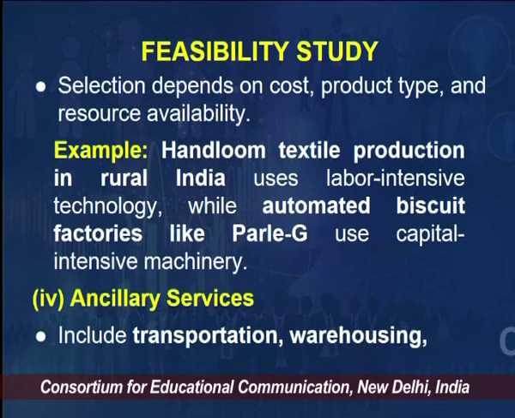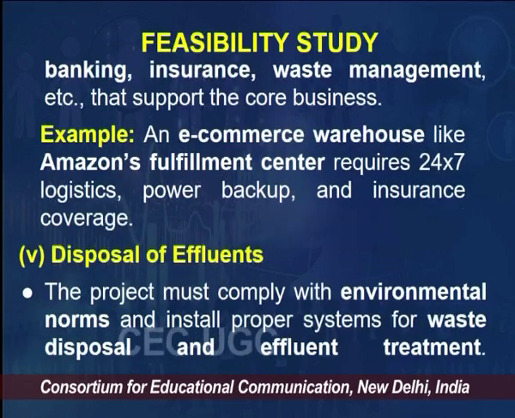The ancillary services. It includes transportation, warehousing, banking, insurance, waste management, etc. that support the core business. For example, an e-commerce warehouse like an Amazon fulfillment center requires 24/7 logistics, power backup, and insurance coverage.